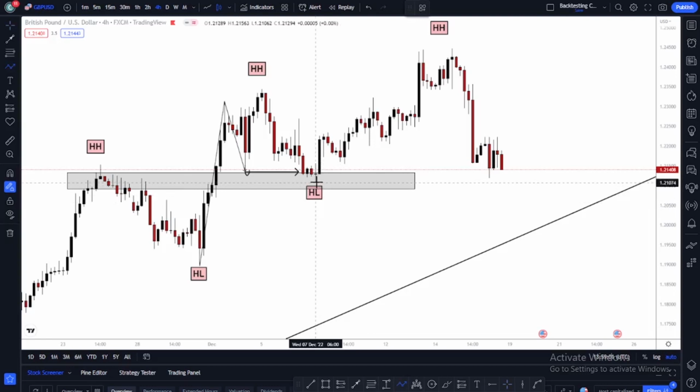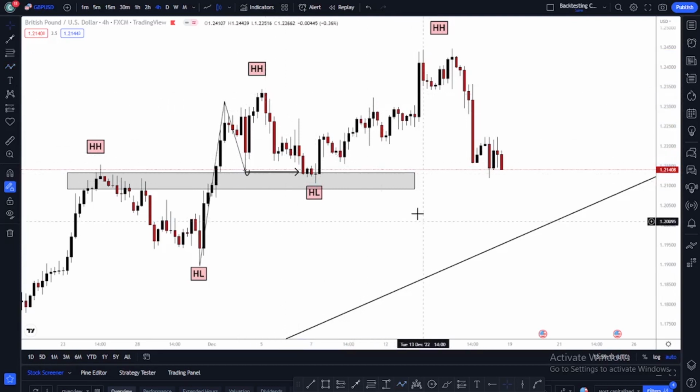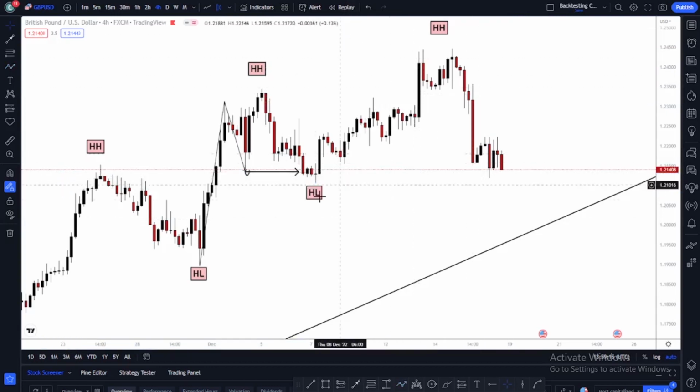I realized price continued back to the upside and created a new higher high, meaning it broke its previous higher high. So this higher low right here becomes a confirmed higher low, because this higher low was the low that led to this higher high.